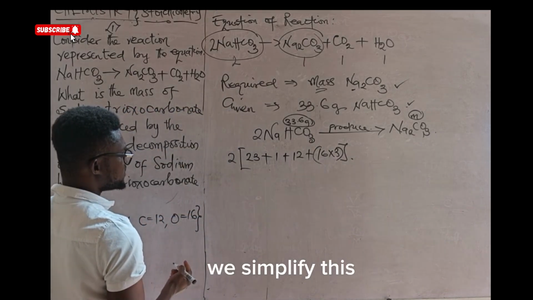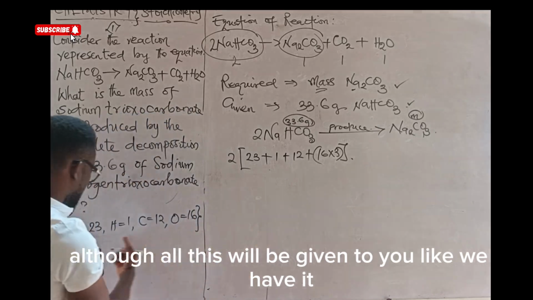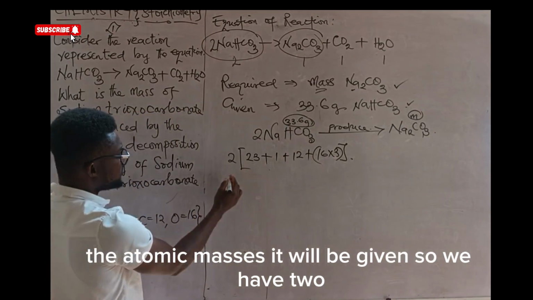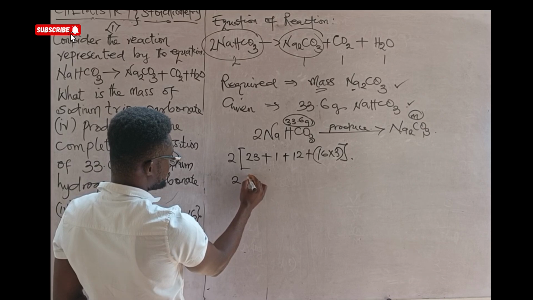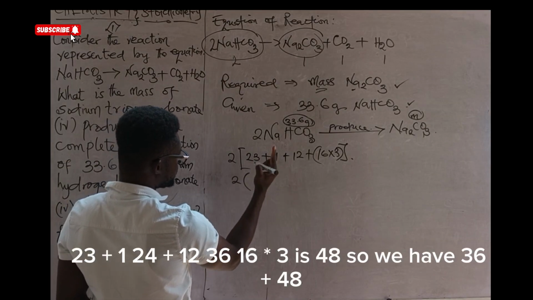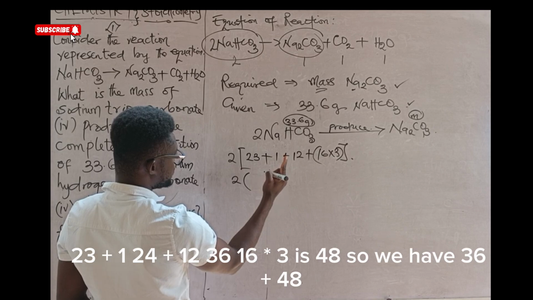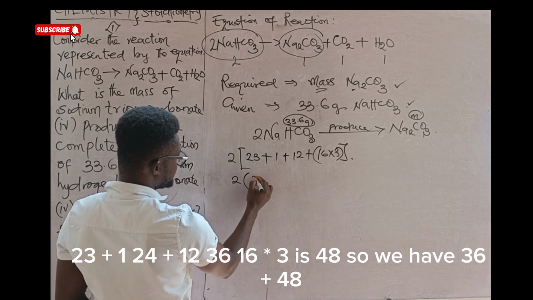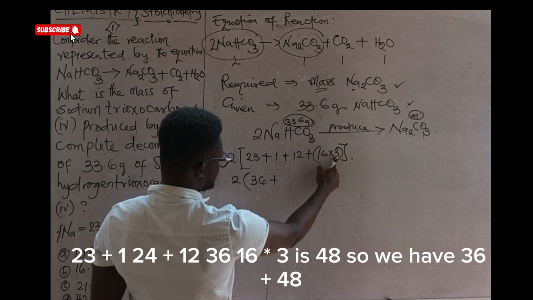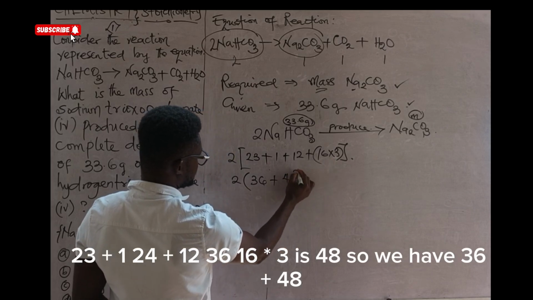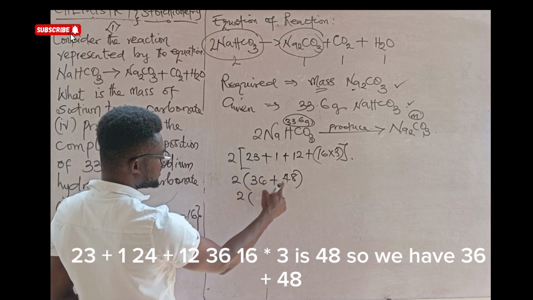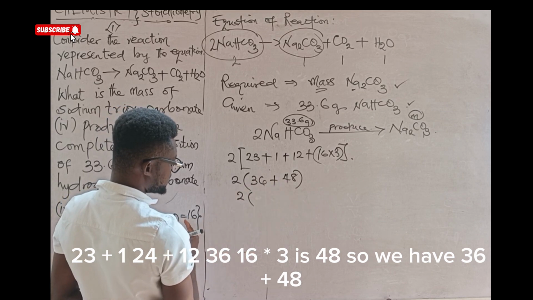So we simplify this. Although all this will be given to you, the atomic masses will be given. So we have 2 times, 23 plus 1, 24 plus 12, 36. 16 times 3 is 48. So we have 36 plus 48.